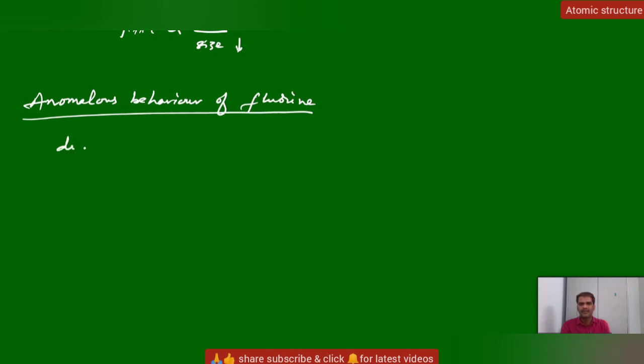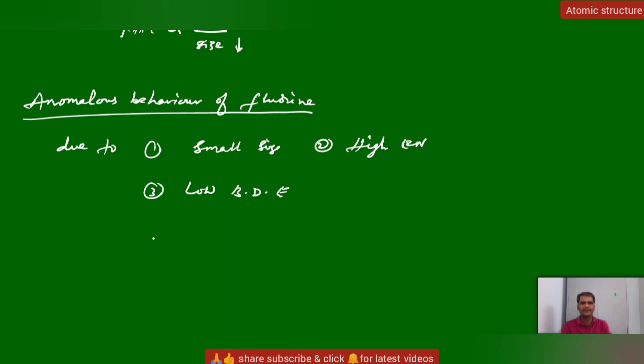Again the same everywhere. What are the reasons? Small size, in case of fluorine it is smaller in size, high electronegativity. And one more important point here, low bond dissociation energy. We have just discussed that fluorine is having low bond dissociation energy. This is also one of the abnormal properties. Next, as usual, unavailability or absence of vacant d orbitals.